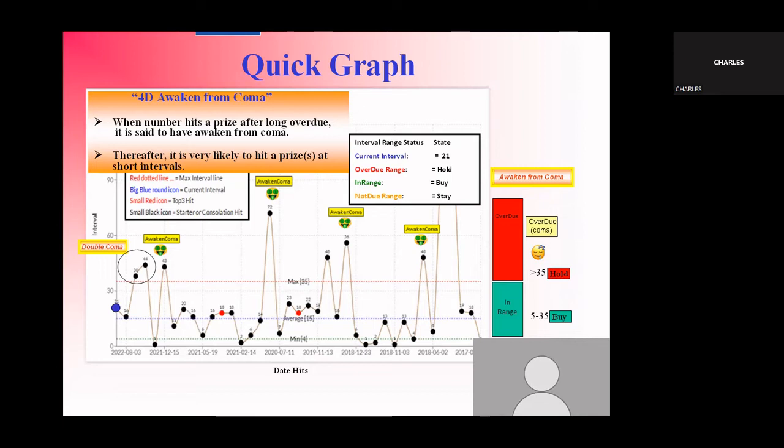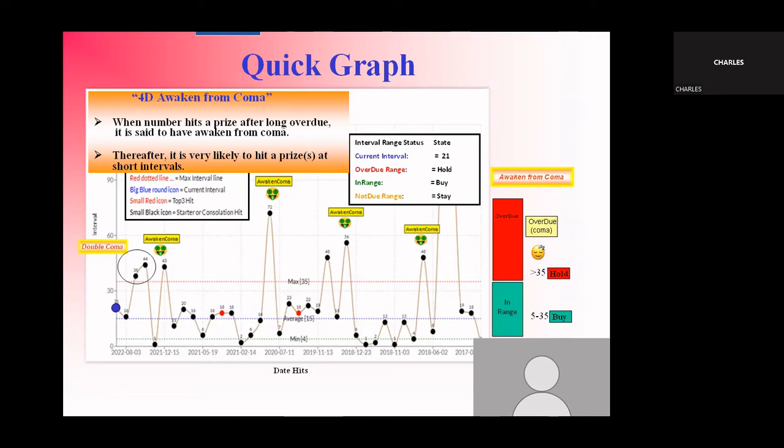So that is why, again, I was telling you, if after it comes from coma, you start buying and it doesn't hit maybe until the average line, which is interval 15, you may drop the number. You call it cut loss, like people play stocks and shares, cut loss.